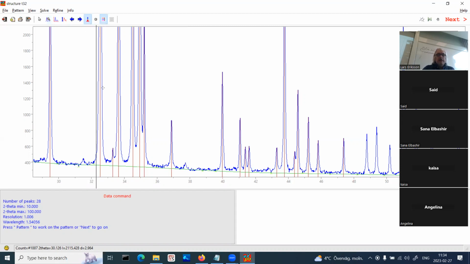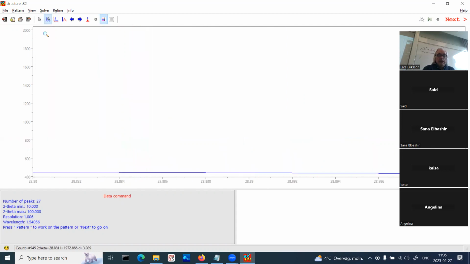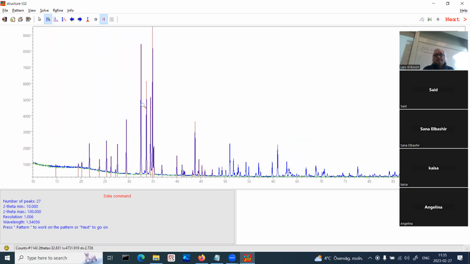So if we select that one and we want to delete this one, right click removes it, if we are suspicious about the reliability of the peaks. Now we have peaks up to 48 degrees, and in this case we could have very well chosen more peaks, but I mean 27 peaks now with the weak one deleted should be enough for indexing.